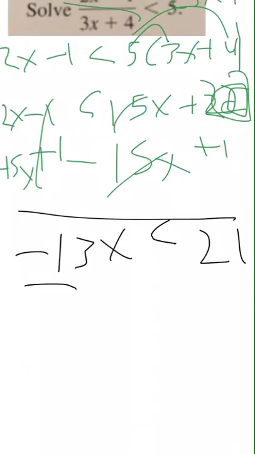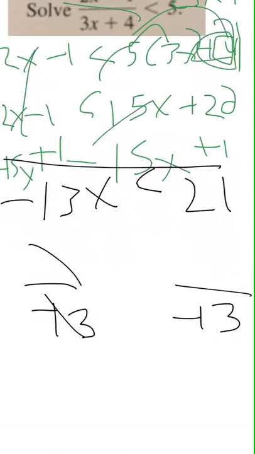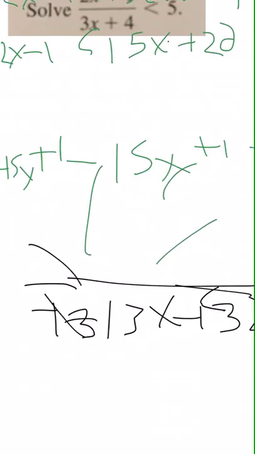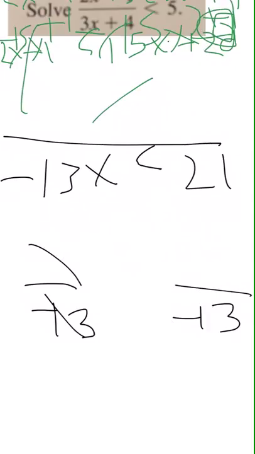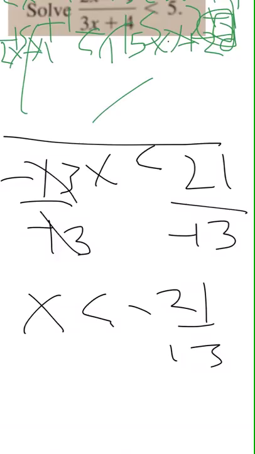But now you need to divide by negative 13. The negative 13s cancel out, so that tells you that x would be greater than negative 21 over 13.